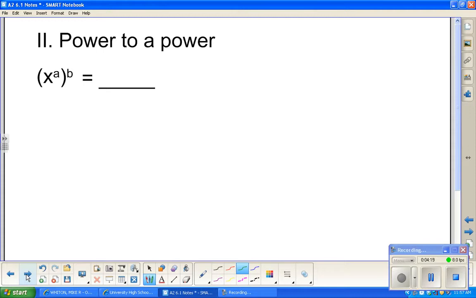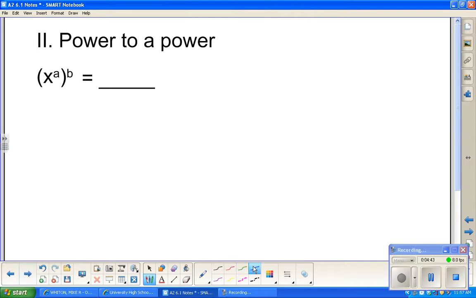Okay, and we call this one power to a power because you have some exponent to another exponent. It's usually in parentheses. So you see 2 exponents on there. That's different than what we had before. We didn't have an exponent raised to an exponent. Okay, so let's look at a little example.